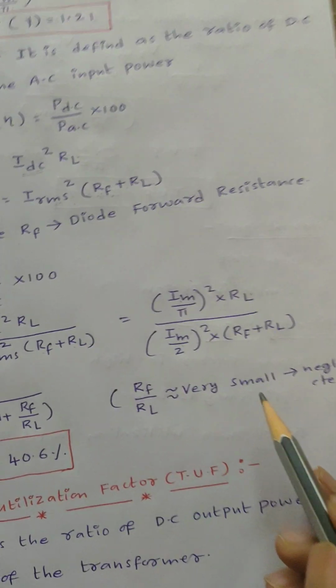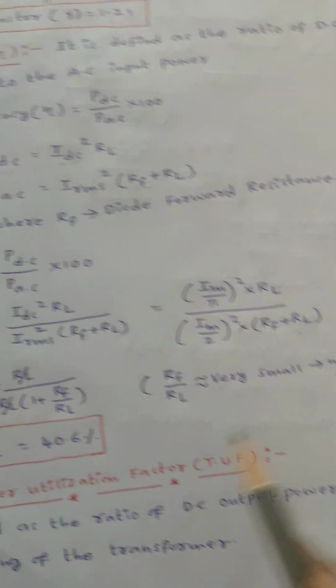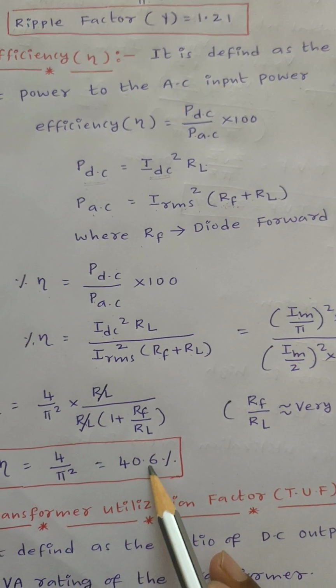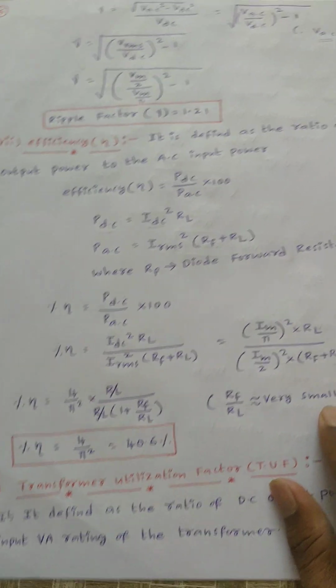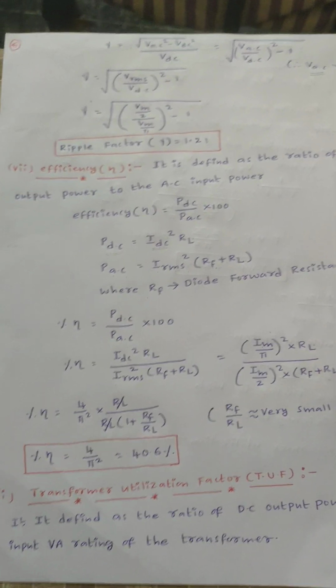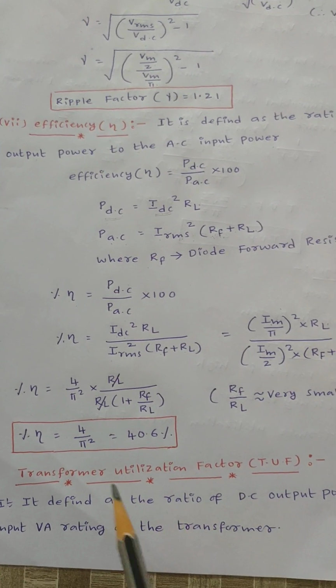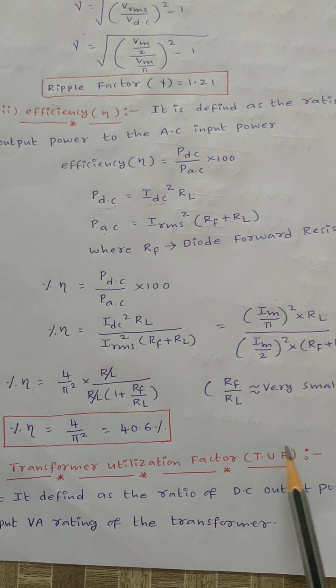RF by RL value will be very small, hence I can neglect that value. Then percentage efficiency will be 40.6%.